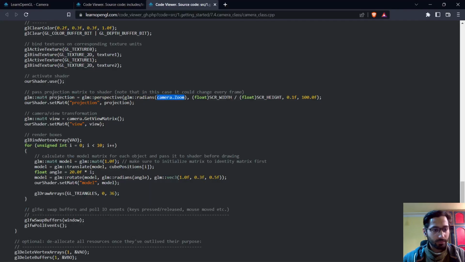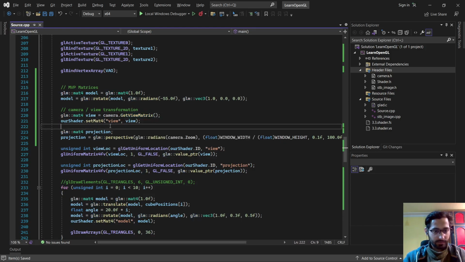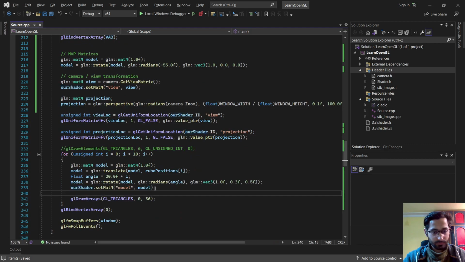Okay, so for the view, what are we doing? Get view matrix, and then we're just setting it in our shader. So we need to do this separately.